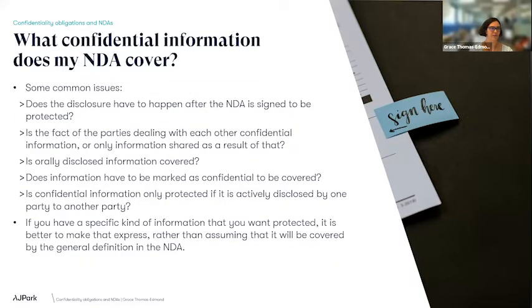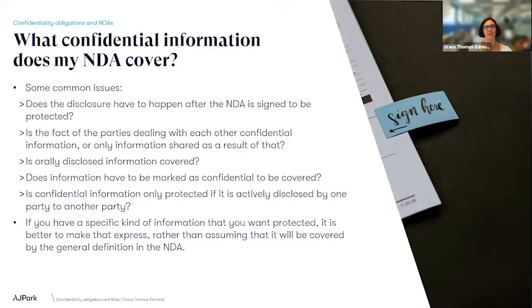So some common issues, I think I've already covered most of these in talking through that previous slide. The last one is confidential information only protected if it's actively disclosed by one party to another party. Sometimes in an NDA, it would say that confidential information is information that party A discloses to party B. But sometimes someone might obtain information in a more amorphous way than that.